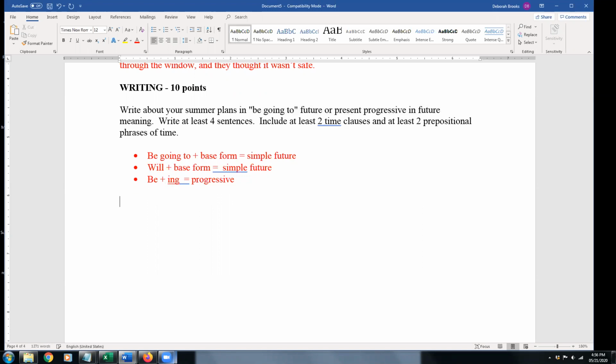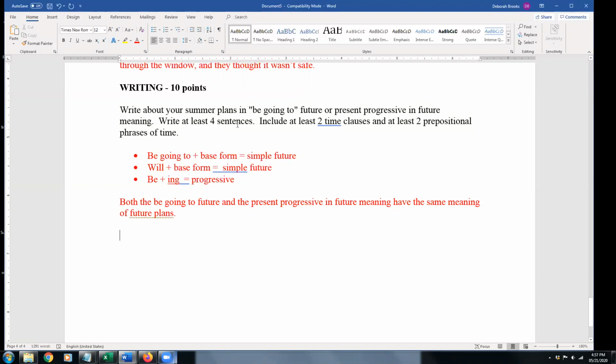Both the be going to future and the present progressive in future meaning have the same meaning of future plans. So those two have the same meaning.